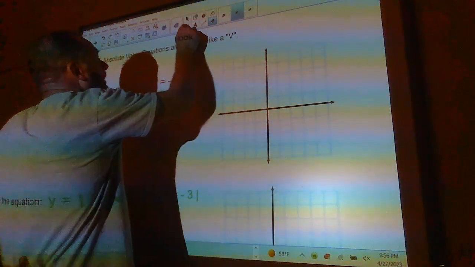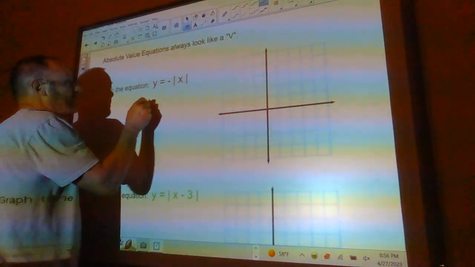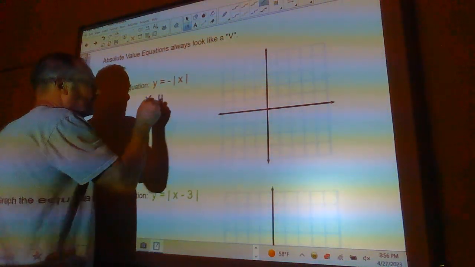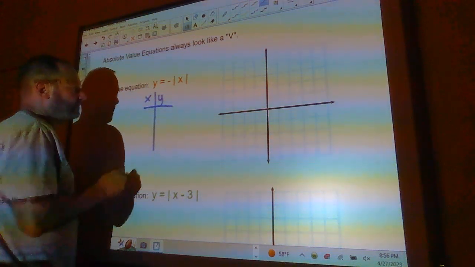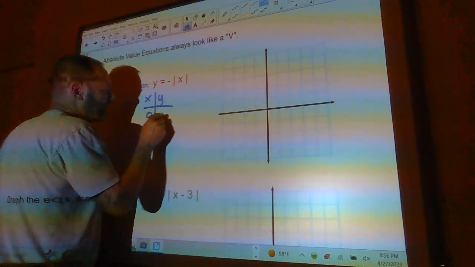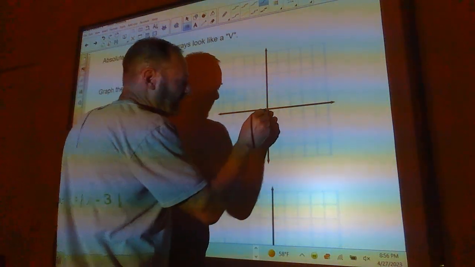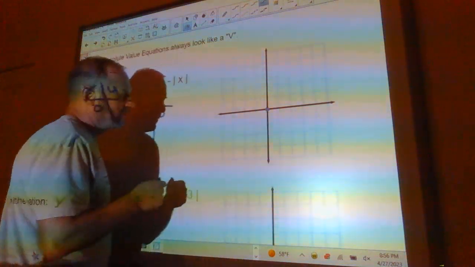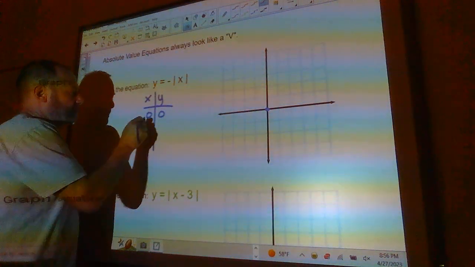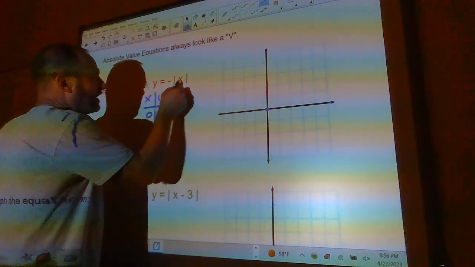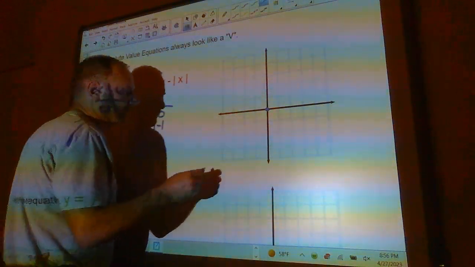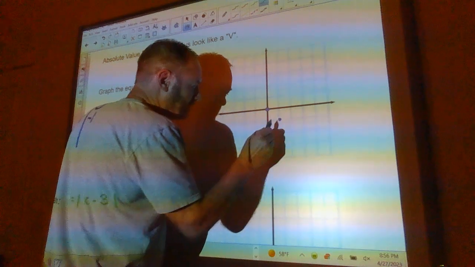Well, here's the deal. If I make a table for this one, and I plug in 0, negative absolute value of 0 is still 0. So I still have the same origin point here. If I put in a 1, absolute value of 1 is 1, but then I put the negative on the front, so that's negative 1. So 1, negative 1.